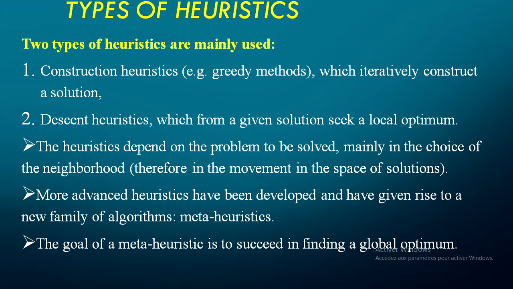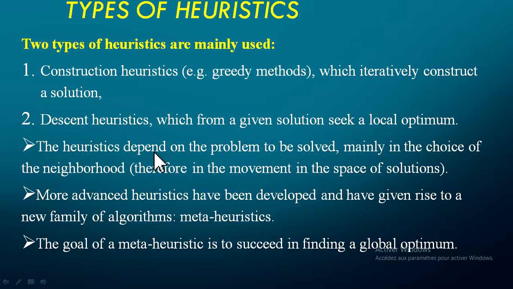What are the types of heuristic? We have two types of heuristic mainly used. The construction heuristic, for example greedy methods, which iteratively construct a solution, and the descent heuristic, which from a given solution seeks a local optimum.